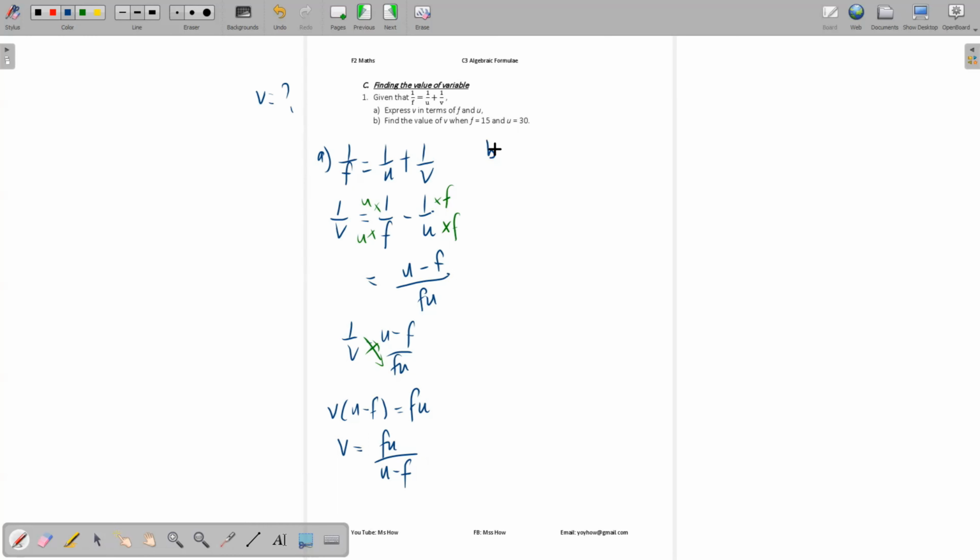So in our next questions, once you get this, it's actually very easy when we do substitution of the values. So v equals to fu over u minus f, right?